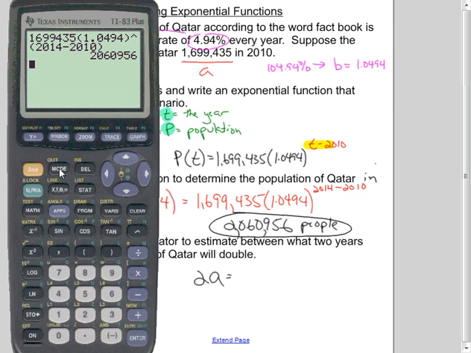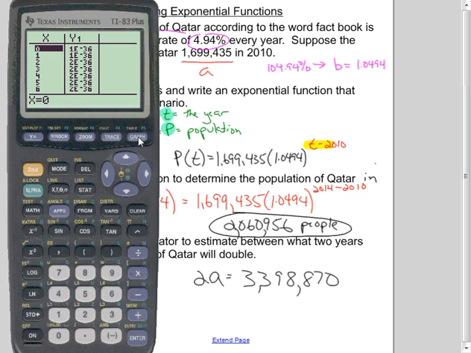So 2A is just going to be 2 times 1699435. So I want to know when the population is 3,398,870.